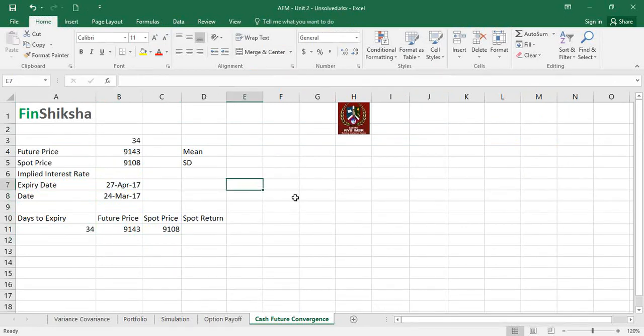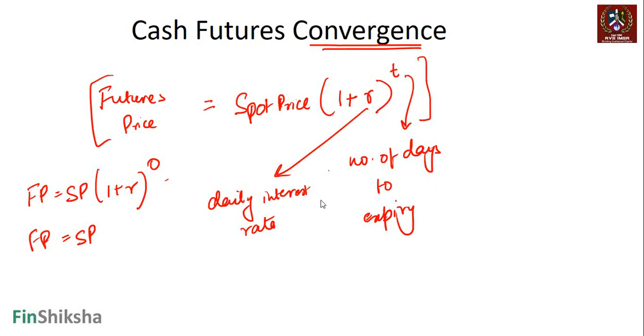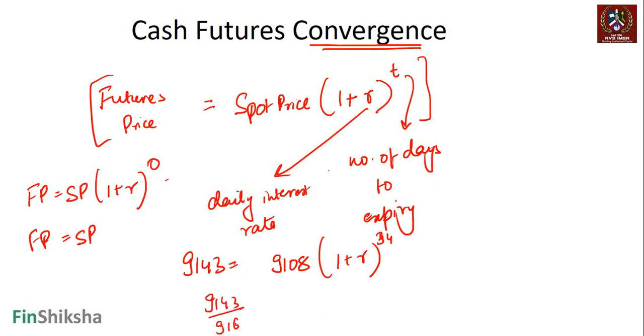What the equation would say is that 9143 equals 9108 into 1 plus R raised to the power 34. So we take 9143 by 9108 raised to 1 by 34, minus 1. That gives me the daily return. If I multiply this with 365 approximately, that gives me my annualized return effectively. Approximate data is what we are looking at.